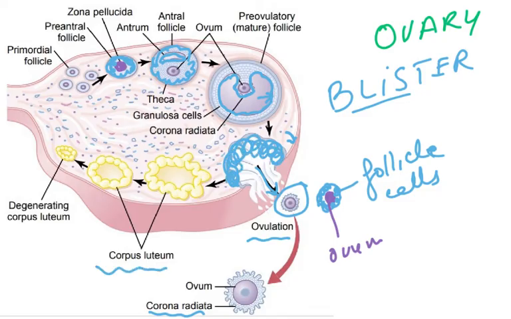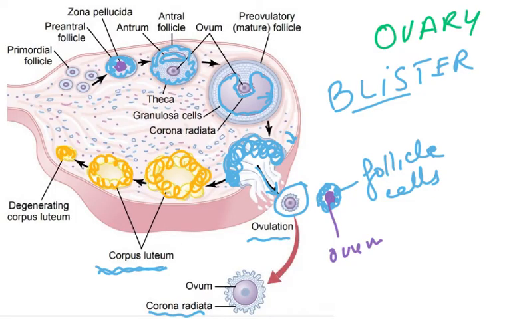That is called the corpus luteum. In some books, it used to be called the yellow body, but we don't call it the yellow body anymore. Now we call it the corpus luteum, which are the remains of the Graafian follicle. After ovulation, you can see how the corpus luteum is first larger and then slowly starts to degenerate, becomes smaller, and then dies.